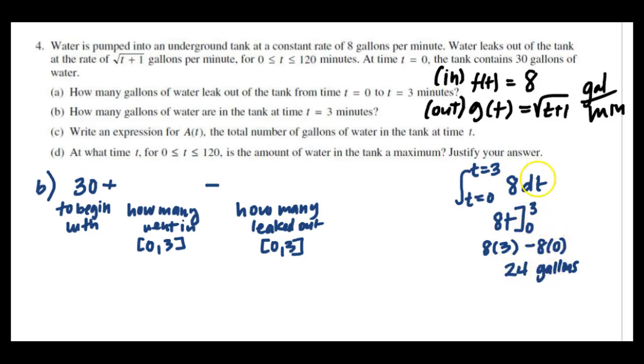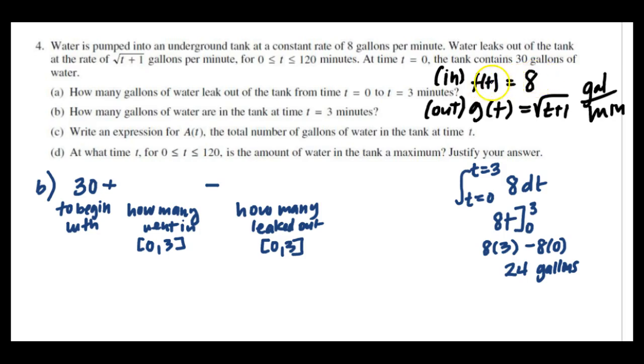And maybe some of you were thinking, well, I didn't really have to evaluate this integral. If this is just a constant, well, after 1 minute has passed, 8 gallons poured in, if this is in gallons per minute. And after 2 minutes have passed, well then 8 times 2, 16 gallons must be in there.